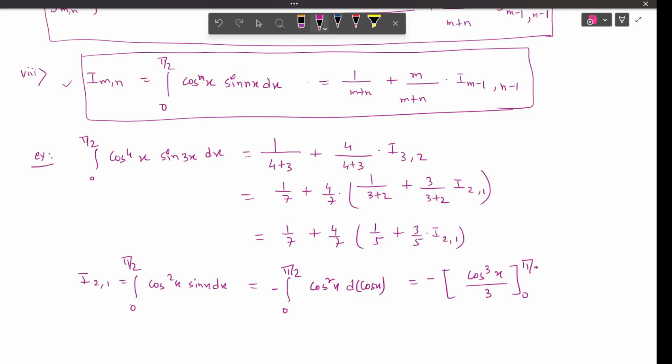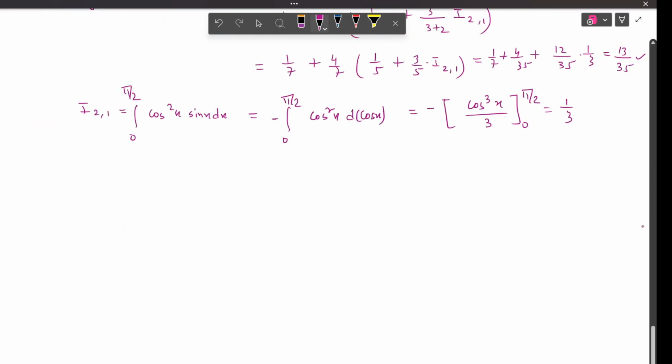So this is from 0 to pi by 2. If you put the limit, cos pi by 2 is 0, cos 0 is 1. So minus minus plus, it would be 1 by 3, right? So our answer would be 1 by 7 plus 4 by 35 plus 12 by 35 into I(2, 1), which is 1 by 3. If you evaluate, you will get 13 by 35. This is the answer.